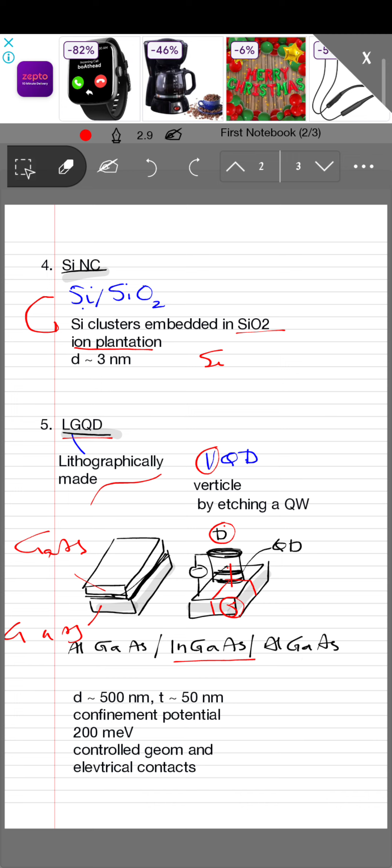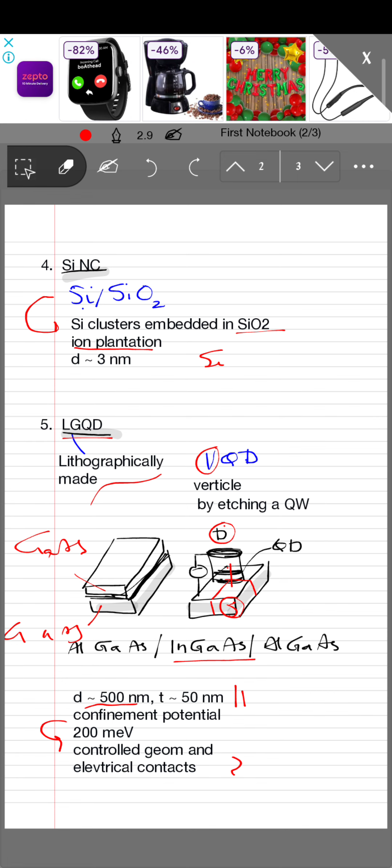By rigorous grinding, we get a shape where a quantum dot has been formed at the center with source and drain at the two sides. They have a diameter of about 500 nanometers and a thickness of about 50 nanometers. They are confined in a potential of 200 millielectron volts, and they have a controlled geometry and elevated contacts.